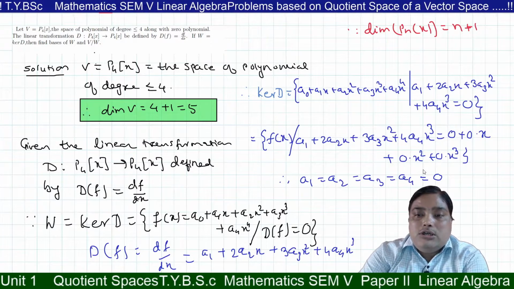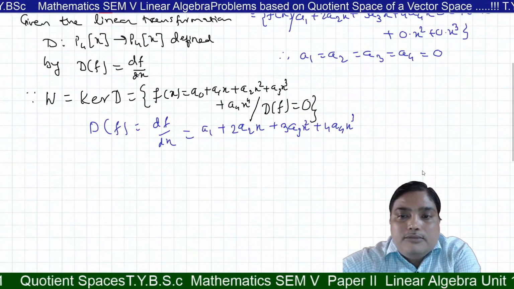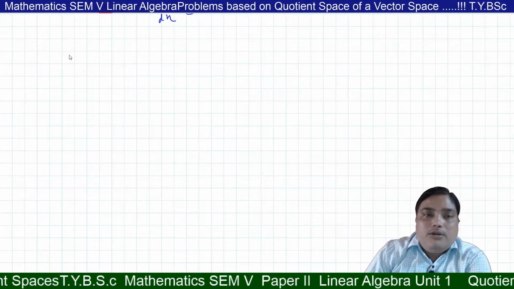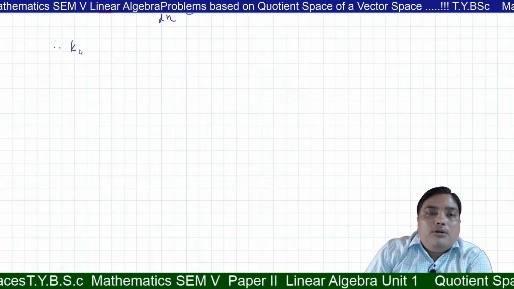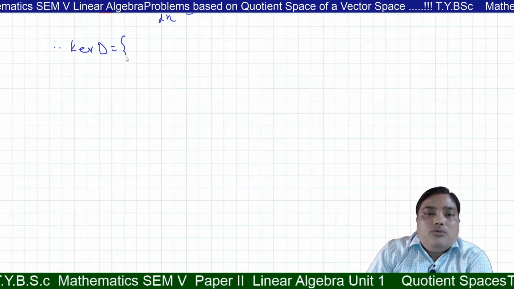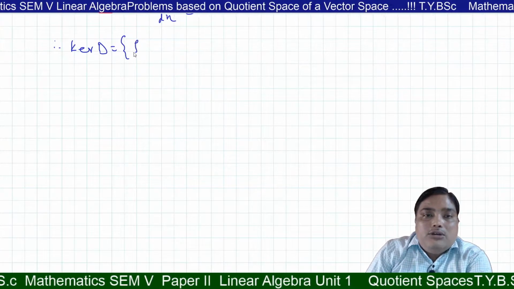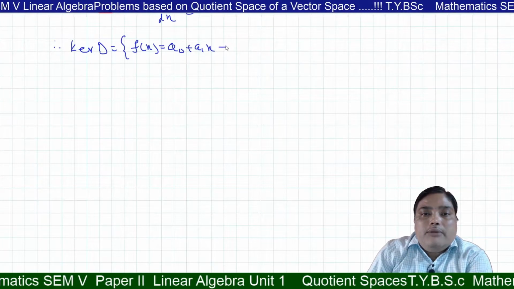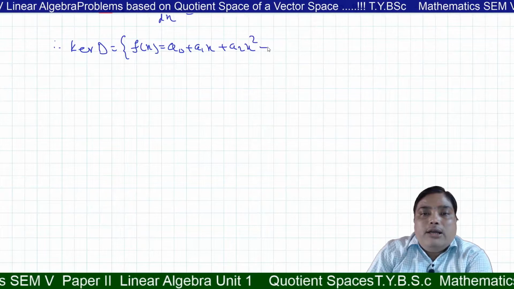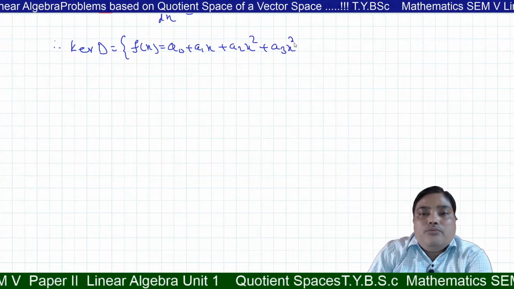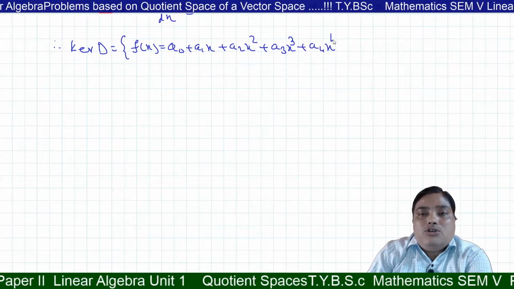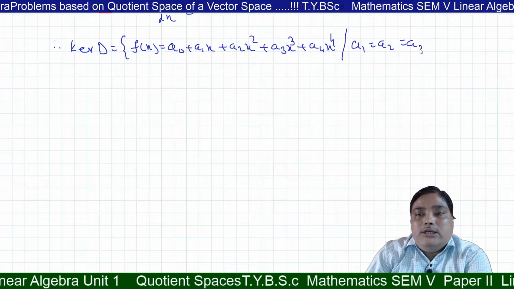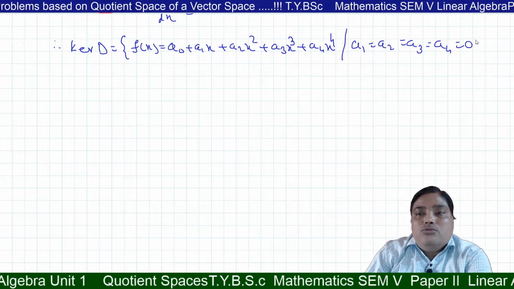So in this case, kernel is, so just put the values. Therefore kernel of D is equal to, now what is kernel? a0 plus a1x plus a2x square plus a3x cube plus a4x raised to 4, such that a1 is equal to a2 is equal to a3 is equal to a4 is equal to 0.